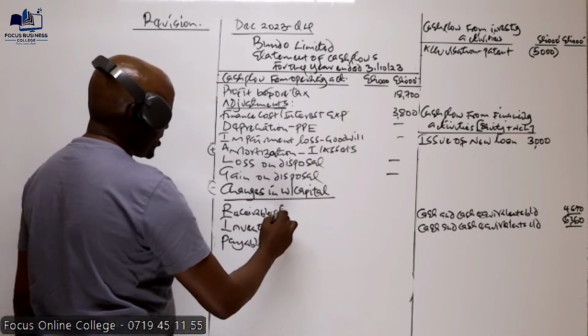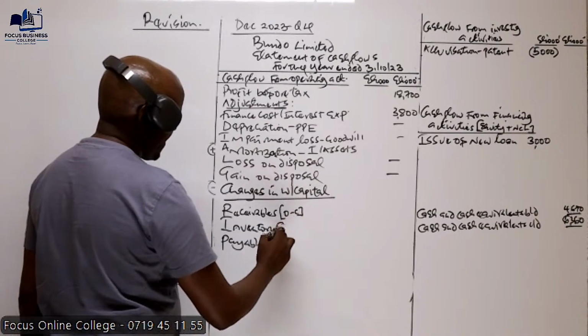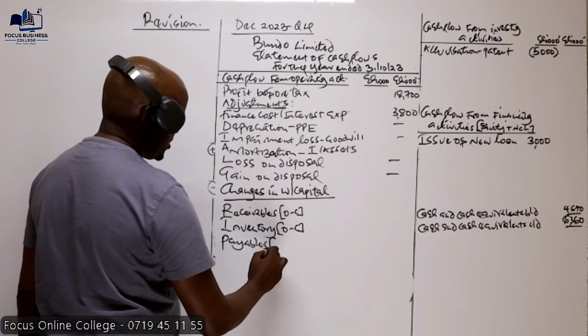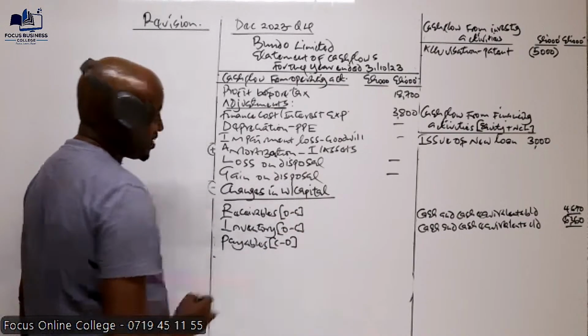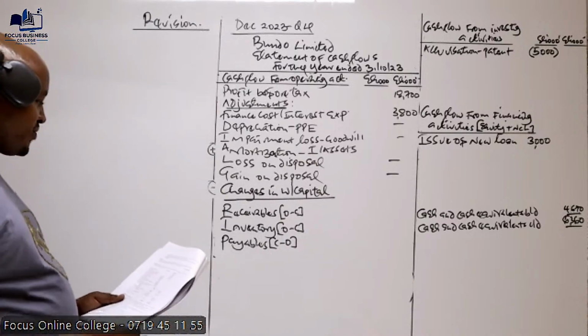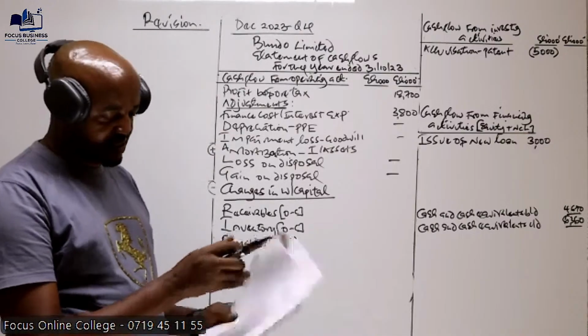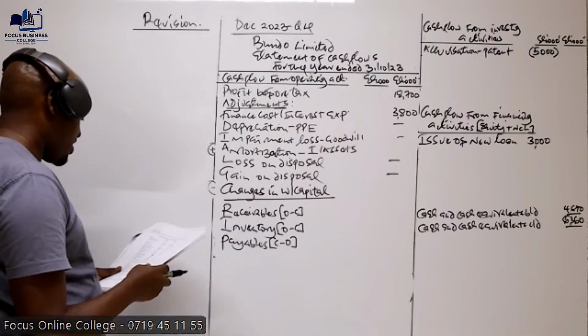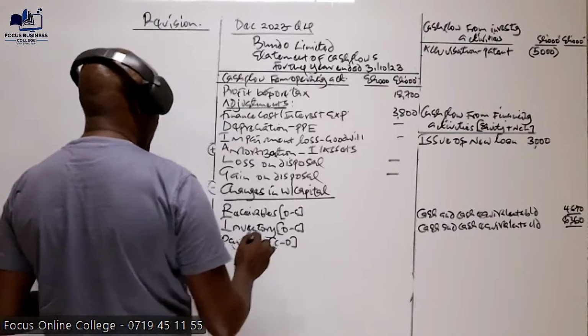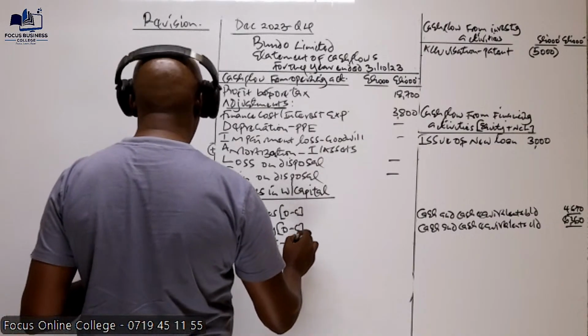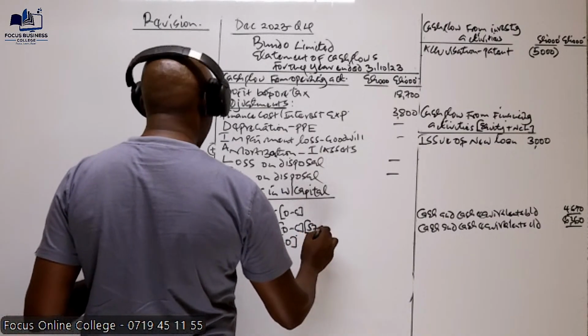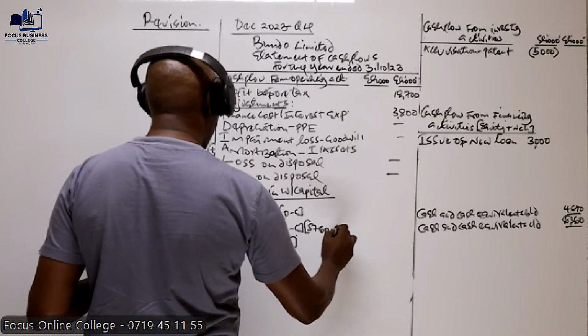We just need to apply our formula: opening minus closing for inventory and receivables, and closing minus opening for payables. So let's go to where we have the current assets. The first item we have is inventory. So we take opening minus closing. Opening is 5760 minus closing, which is 5880.